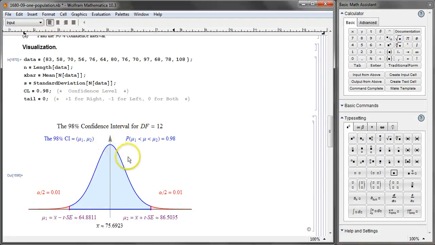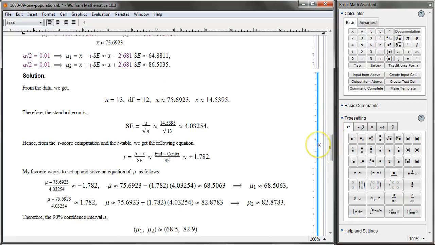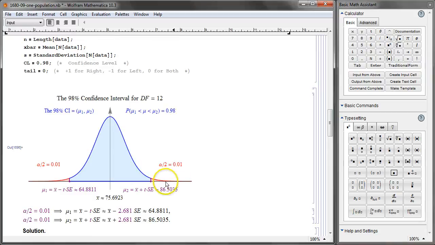As you expected, we have a bigger blue portion here. 98% goes in the middle, 1% goes there, 1% goes there. You'll have to follow pretty much the same step-by-step process, except that this t-score has to be associated with 1% on the right-hand side, not 5%.